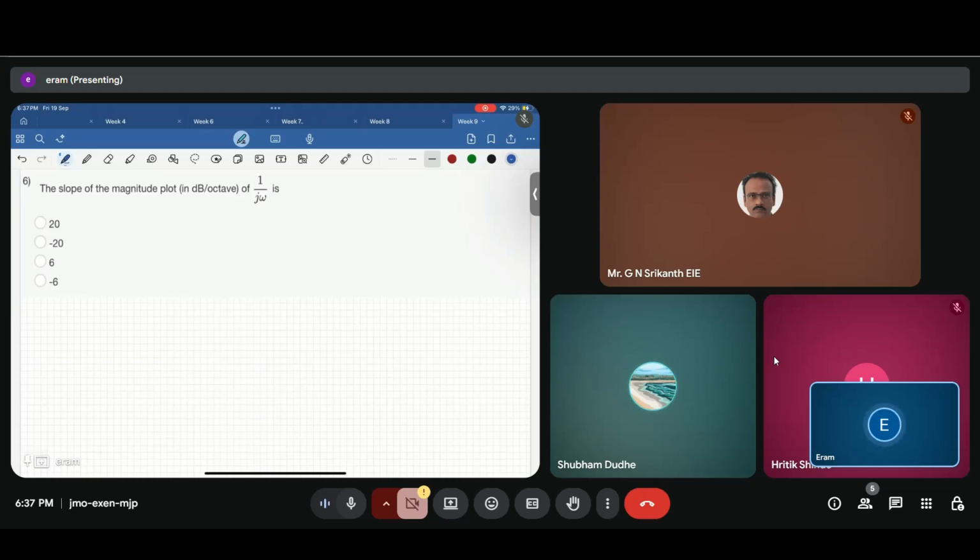Find the slope of the magnitude plot. What is the slope of the transfer function P of j omega given as 1 by j omega in dB per octave?